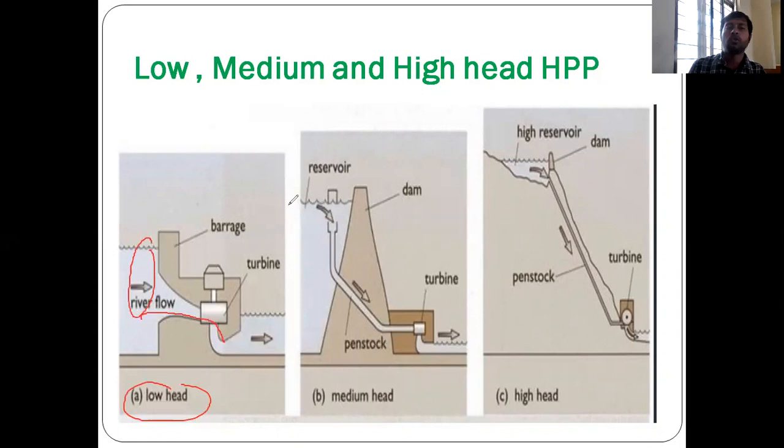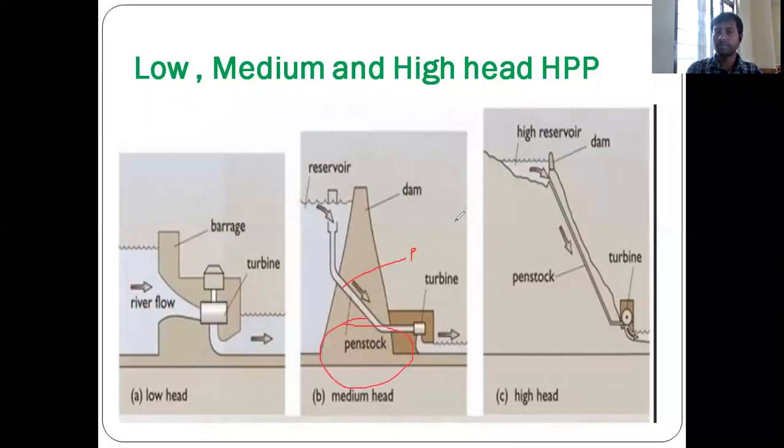We can call low head structures barrages, like Prakasham barrage, and medium and high head ones we call dams. Here water is released directly to the turbine, and a separate pipe, called a penstock, carries water from the reservoir to the turbine.